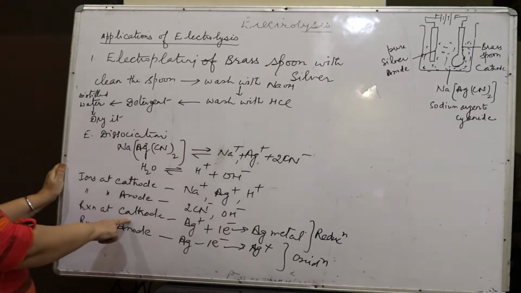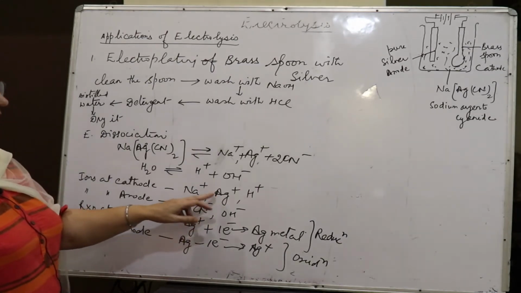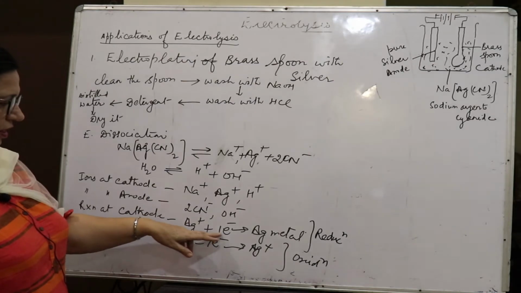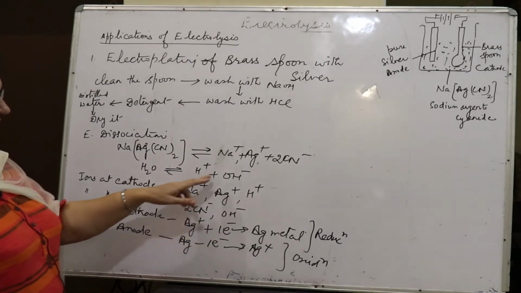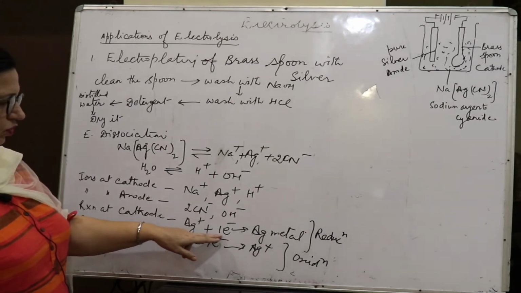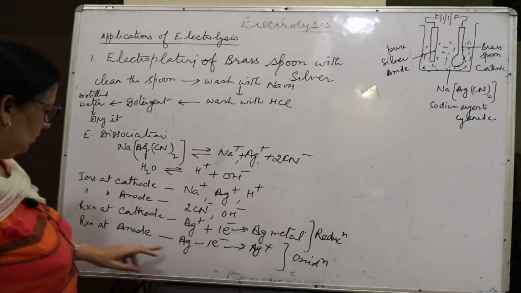Now reaction at the cathode: silver is the lowest among these, so the Ag+ ion will gain one electron and become silver metal, and that is reduction.